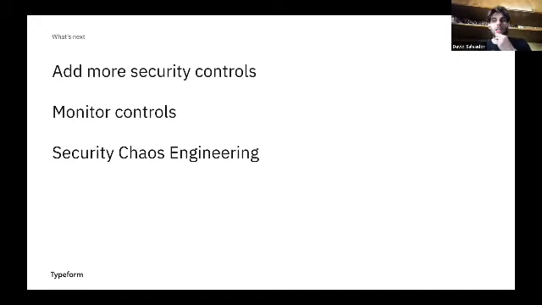And finally, there's this new practice or theory called security chaos engineering, which is based on chaos engineering. The main idea is basically to test things, but in a really hardcore way.